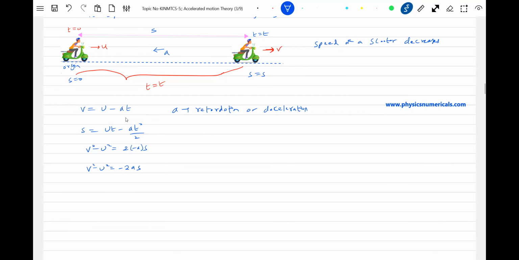So for retarding motion, the same equations of motion, the acceleration you have to put it negative. If the speed increases, then acceleration should be positive. For retardation, how the acceleration will be directed? If you look at this, it will be directed opposite to the motion. So two types of uniform accelerated motion we can have, uniform accelerated motion and uniform retarding motion. So we have to just describe what actually happens in these two motions.